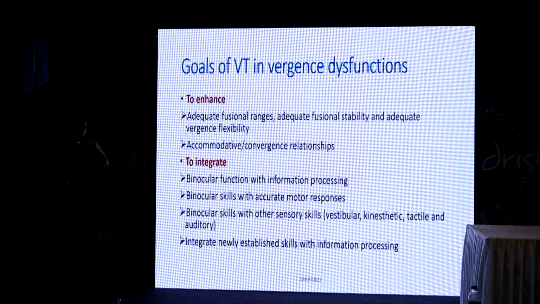So what are the goals of vision therapy in vergence dysfunctions? I'm not going to read out everything. It is basically to enhance the fusional ranges and to enhance the accommodative convergence relationship, and to integrate the binocular function with information processing, and integrate the newly established skills with information processing.